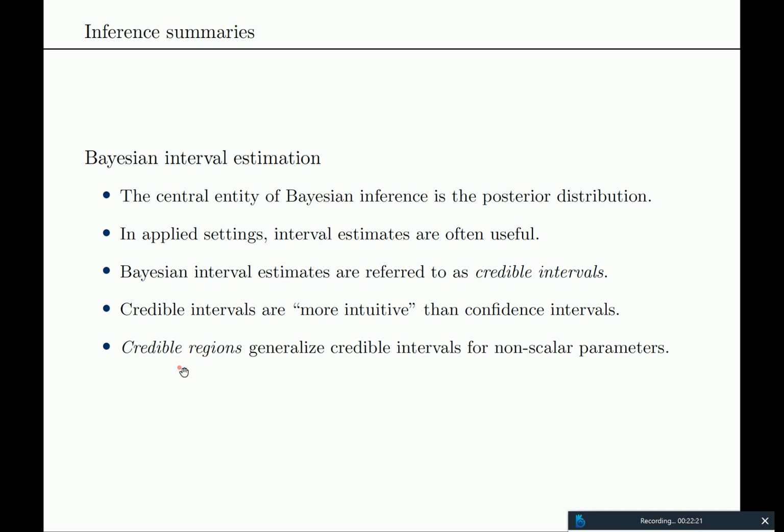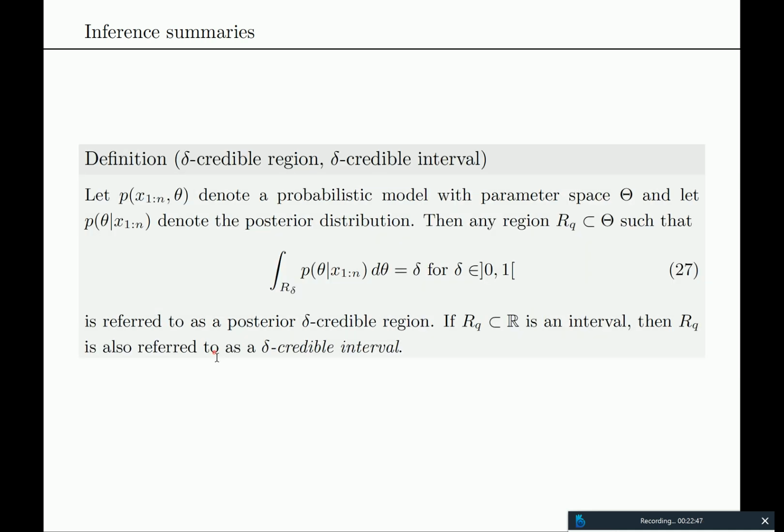The notion of a credible interval, like for a confidence interval, can be generalized to a non-scalar parameter by calling these things regions, because they are intervals only if you have a real-valued parameter. If you go to multidimensional parameter spaces, intervals are not really defined anymore, and you have to come up with other ways to define regions.